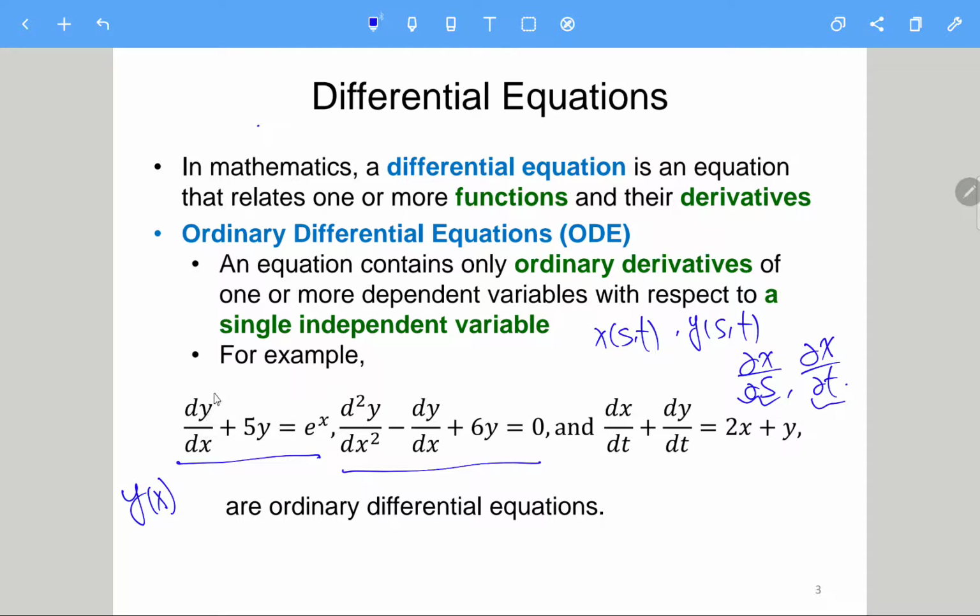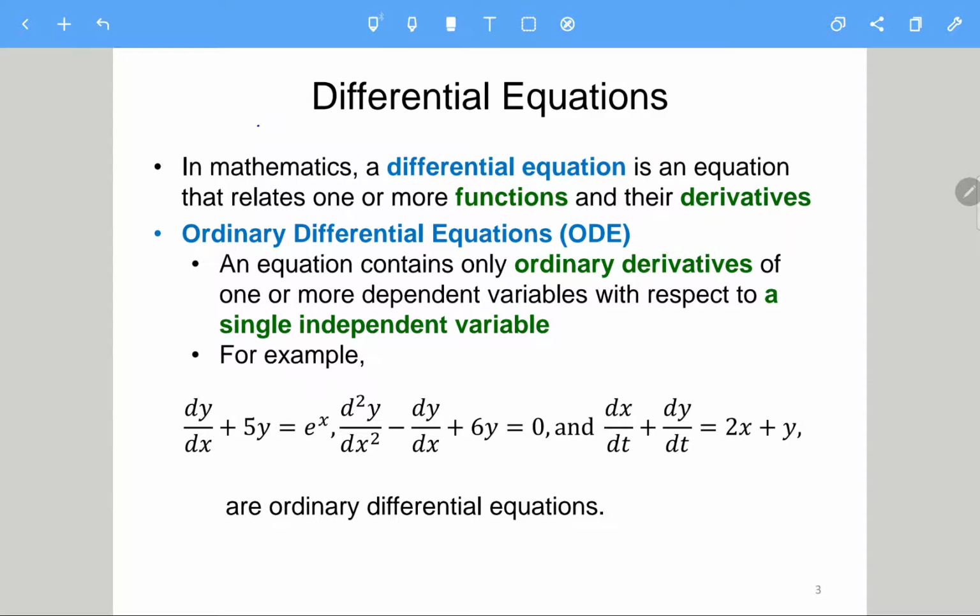So maybe we can just separate. There are two different kinds of variables.